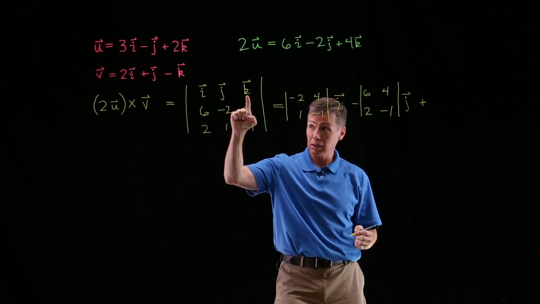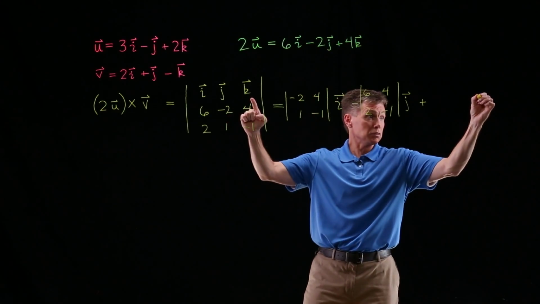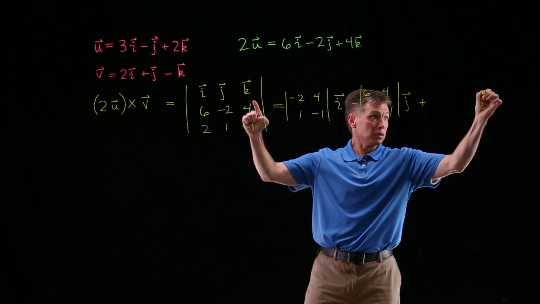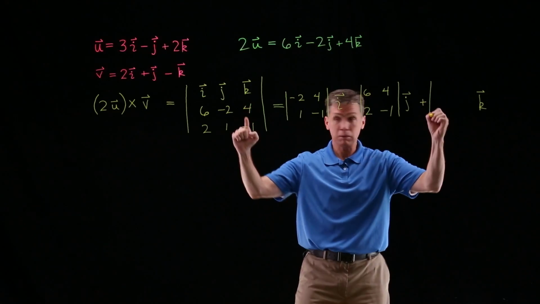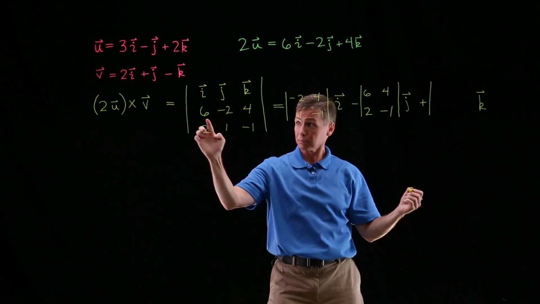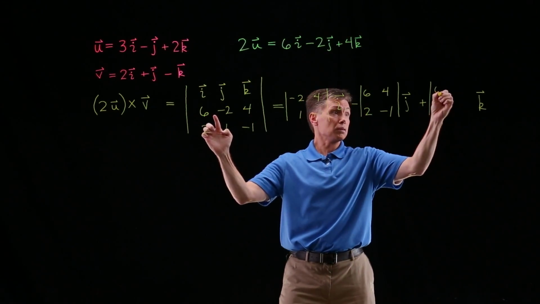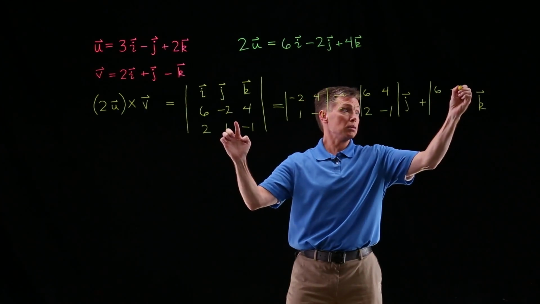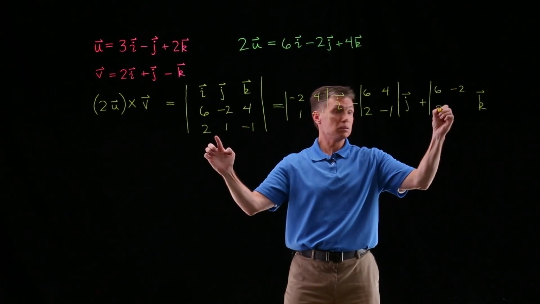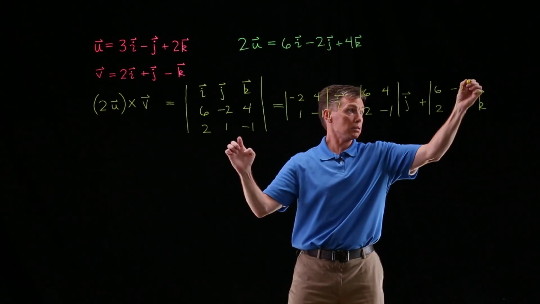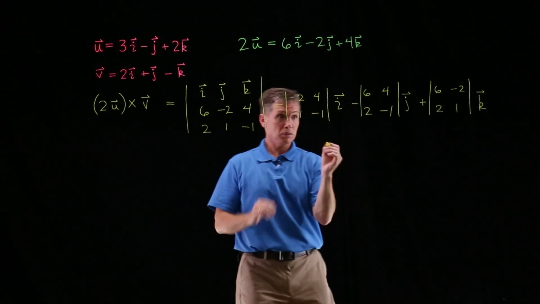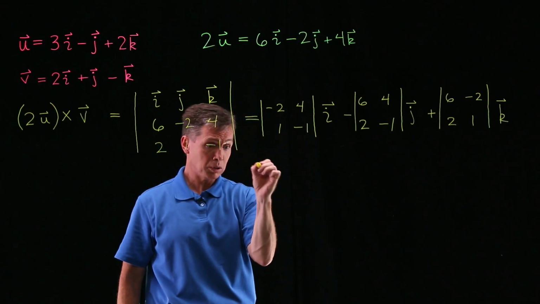Now I go over and get the k vector, leave a space again. And my submatrix this time, covering up the k column, 6, negative 2, 2, and 1. Okay, so let me just slide down now and start doing my work.